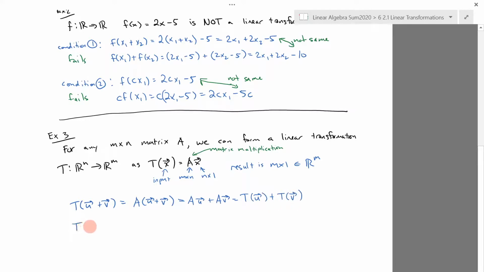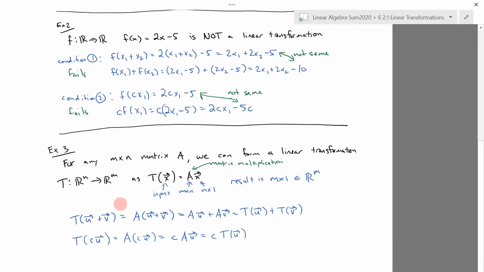And similarly for scalar multiplication, this means multiplying on the left by A, but c is a scalar, so I can just pull that out. This is just transforming u first, and then multiplying by c. So we can construct a linear transformation of this form by just multiplying by an m by n matrix A.